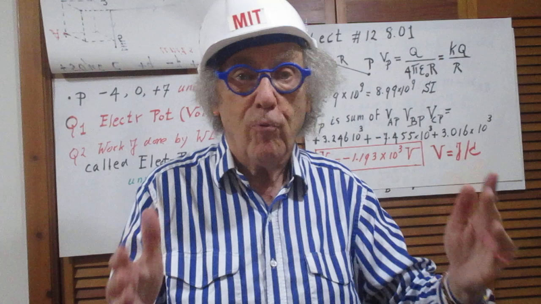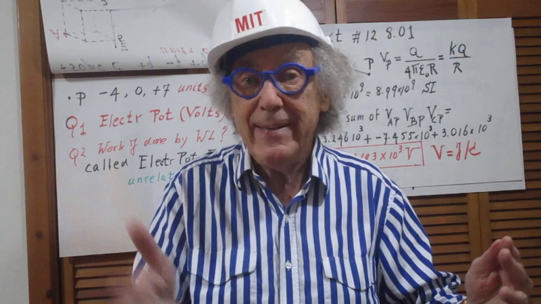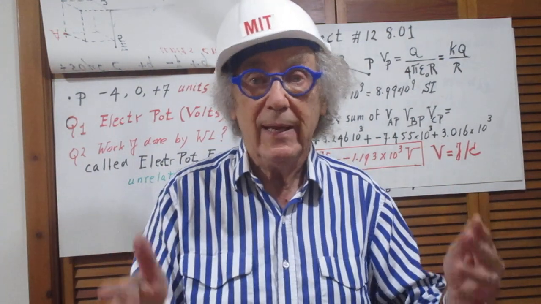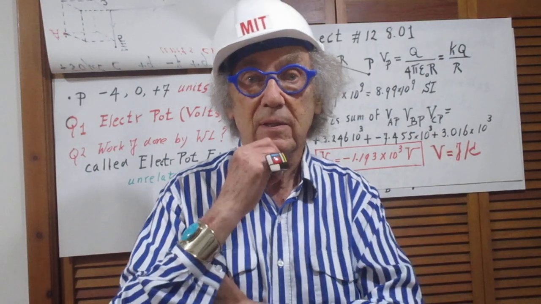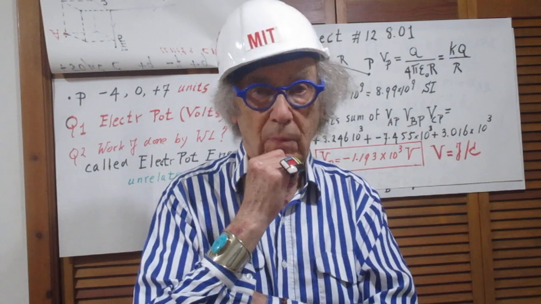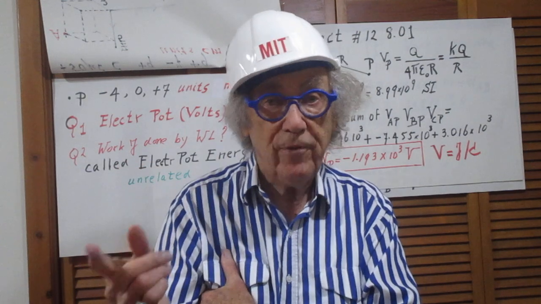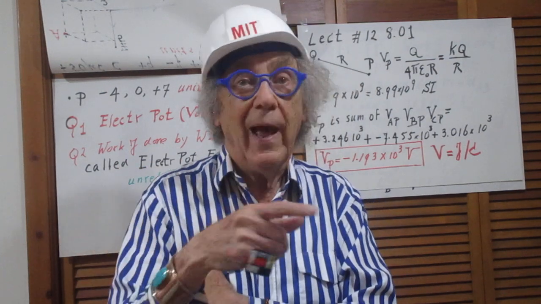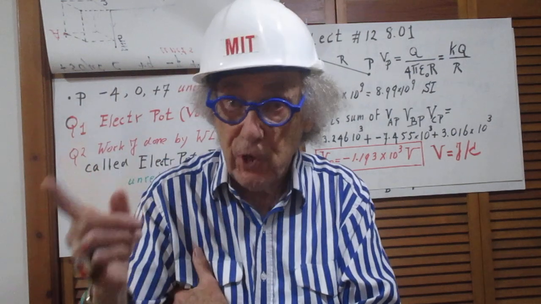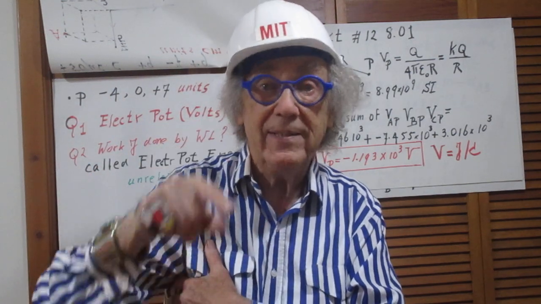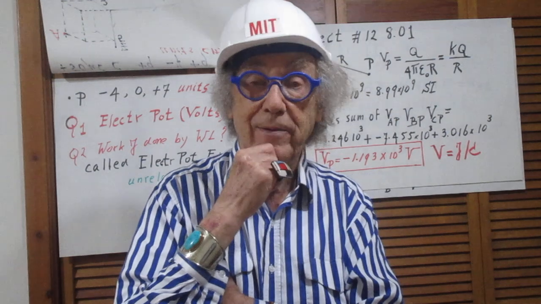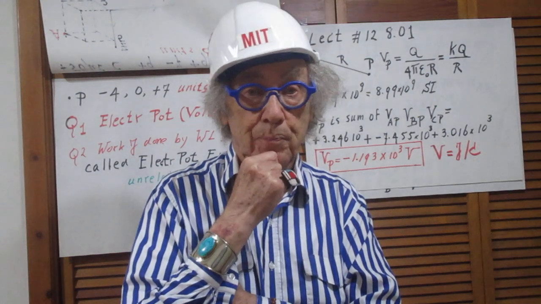And the amount of work I have to do divided by my test charge is per definition the electric potential. So my test charge, little q, can be positive or can be negative. I will come up with the same result because I have to finally divide by charge q.